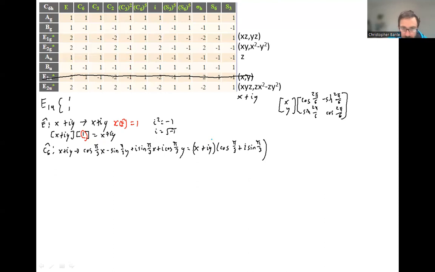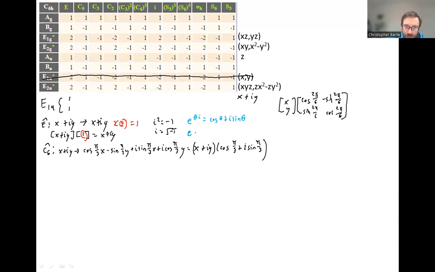And at this stage, we should recognize that this complex number here is actually in the form of Euler's formula. And Euler's formula, remember, is this beautiful equation in math, which is e to some angle, e to theta i equals cosine theta plus i sine theta.